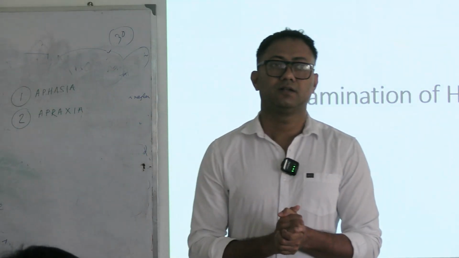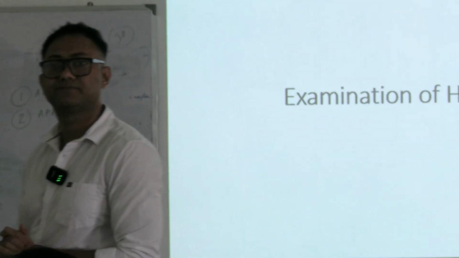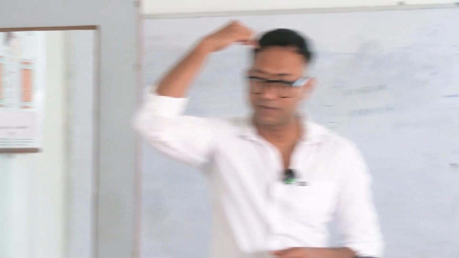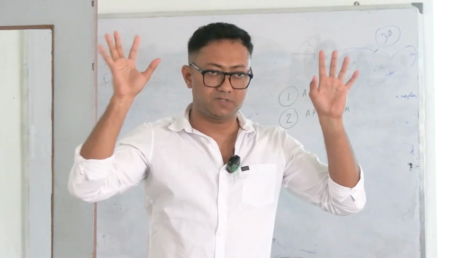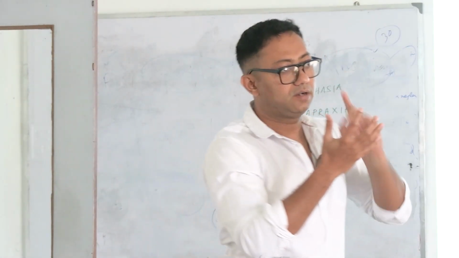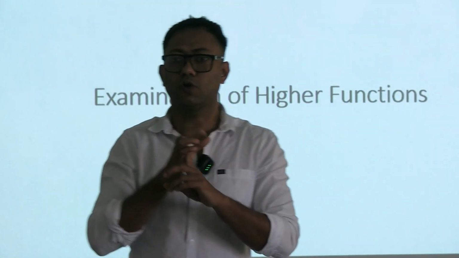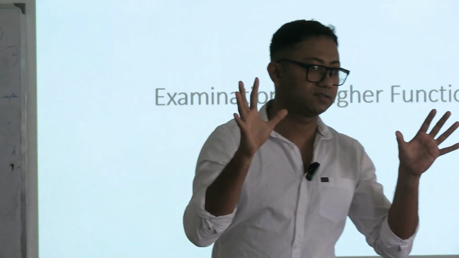This is apraxia. Without any motor problem, something is happening here, not in the muscles or fingers. So the problem is here. Your cognitive function is controlled by your cerebral hemisphere: the parietal lobe, the temporal lobe, the frontal lobe, the occipital lobe. All cognitive functions are controlled by the cerebral cortex.